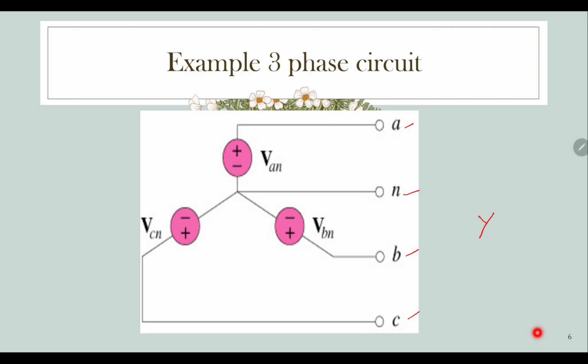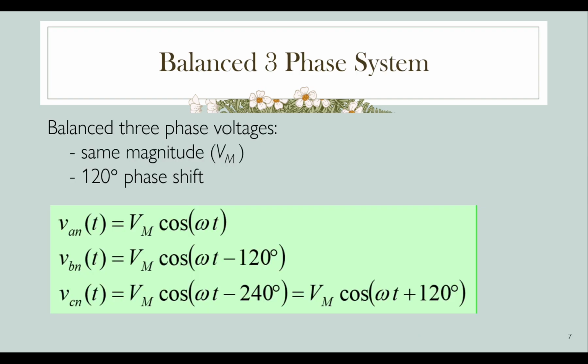So VAN is located here, VAN, VBN, and VCN. In a balanced three-phase system, they have the same magnitude, Vm, and there are 120 degrees phase shift.